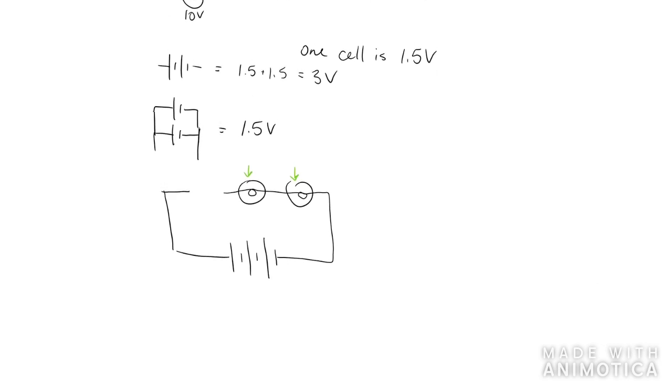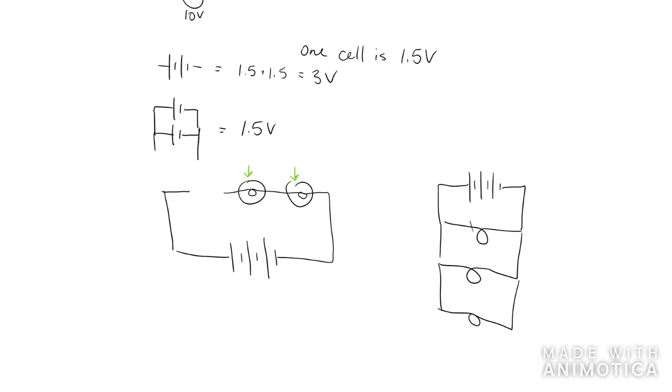If we had the same 3 cells and 3 light bulbs, but we had the light bulbs in parallel, and this light bulb went out and we ended up having that break in the circuit, even though there's a break here, the electrons can still travel down and go through this light bulb or this other one.